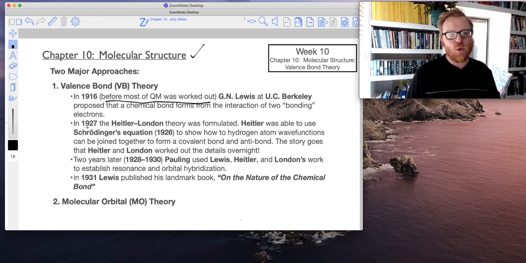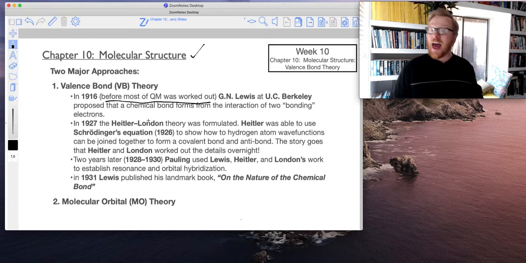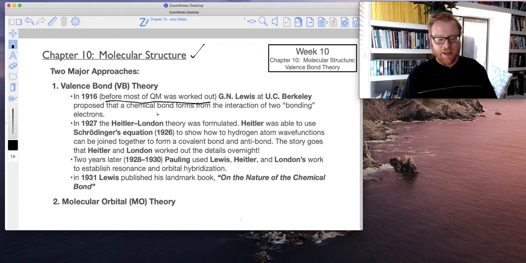So then in 1927, Heitler and London, and that is the London from London dispersion forces. All of these are big, huge names. So Heitler-London theory was formulated.